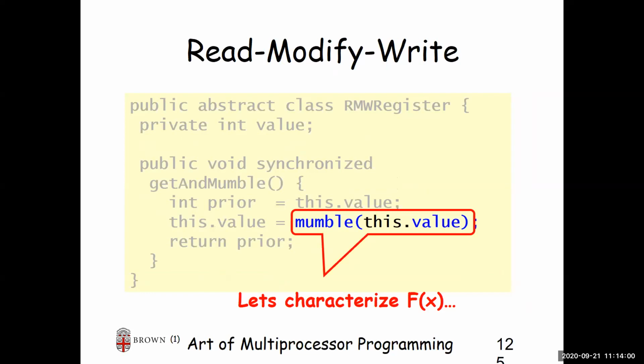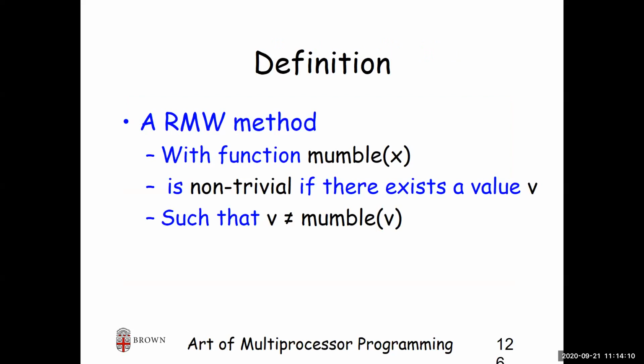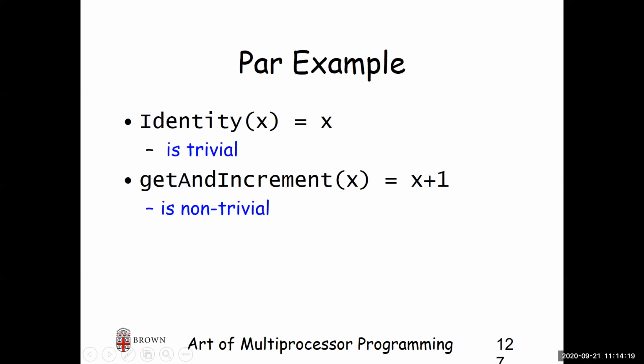All right, so we're going to characterize the f of x method, this mumble method. It's non-trivial if there exists a value v such that v does not equal mumble(v), so that some kind of change occurs.